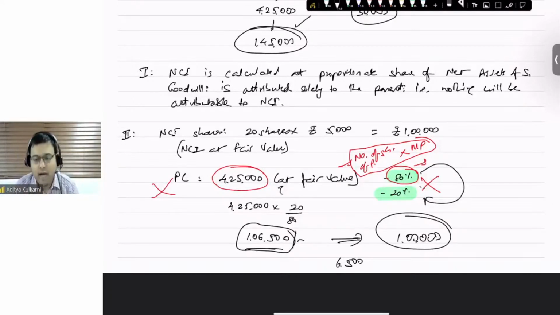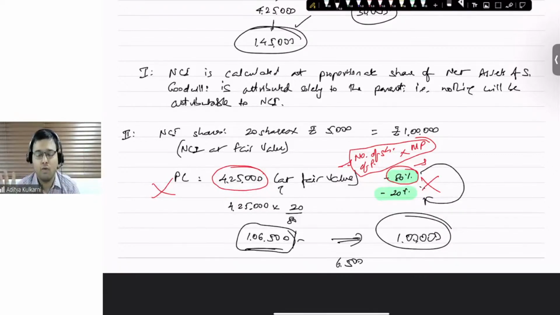By acquiring this 20%, the only thing you can get extra is the dividends, which you were earlier getting at 80% and will now get at 100%. That's it. You are not going to get even 1 penny extra benefit from acquiring the balance 20% stake. And that is why it is absolutely incorrect to record at 1,06,500.